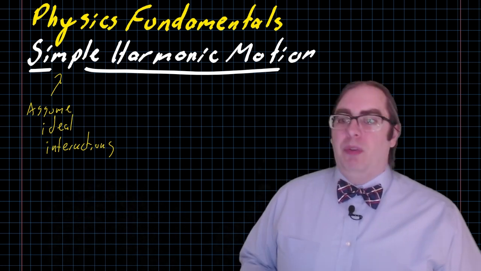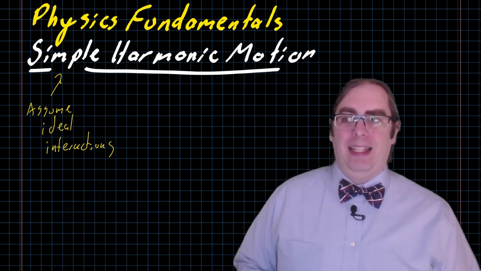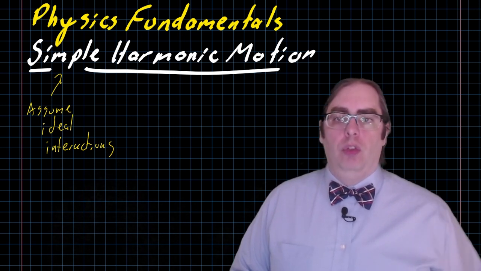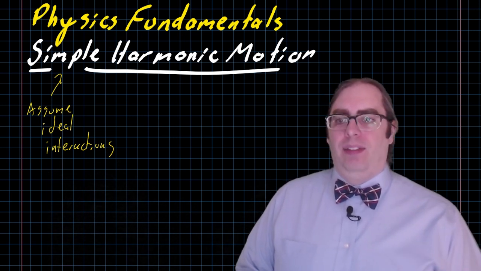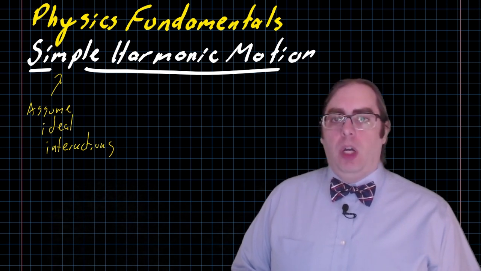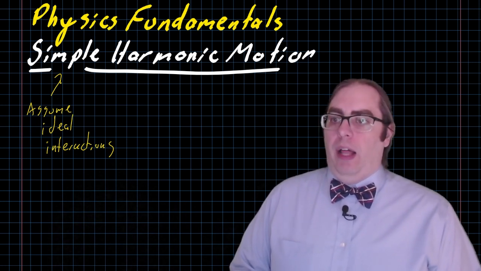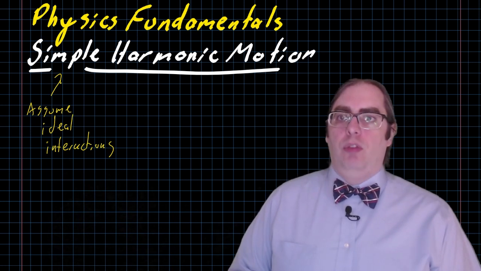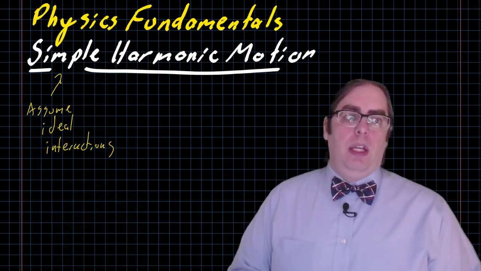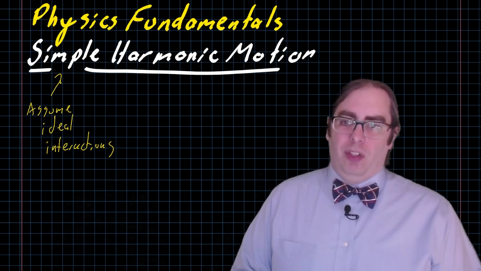In physics, whenever we're talking about a simple anything, we're generally talking about some tool that we have used to idealize the situation we're studying. So in the case of simple harmonic motion, the simple of it is going to idealize that no odd effects are going to come in.